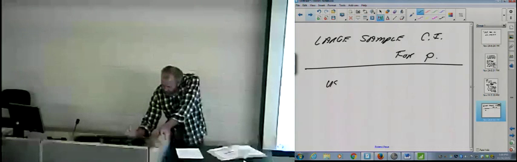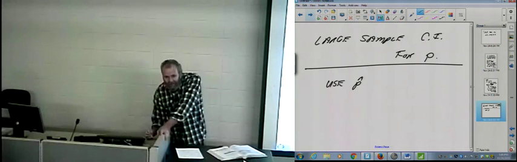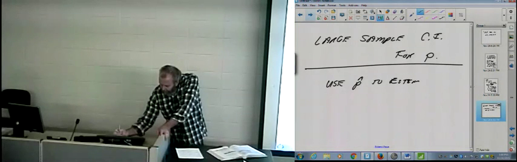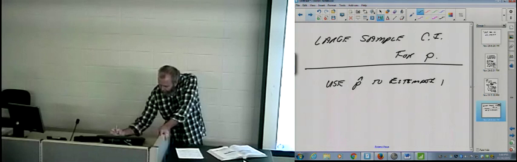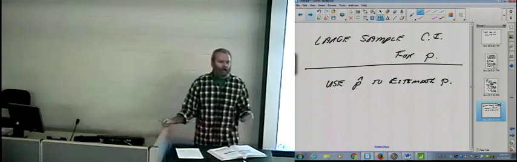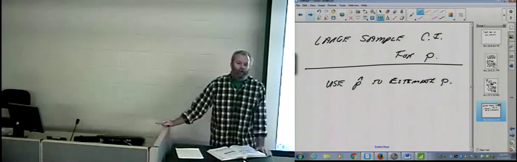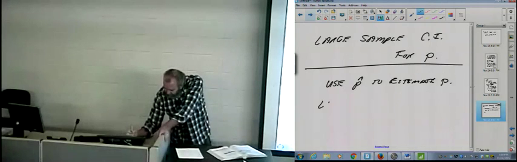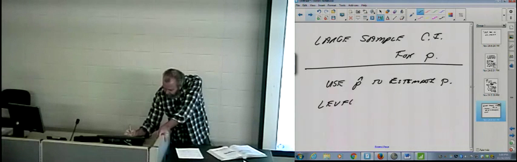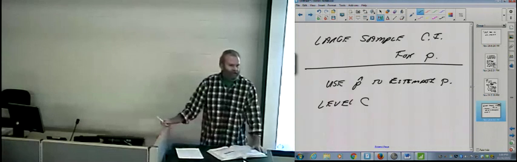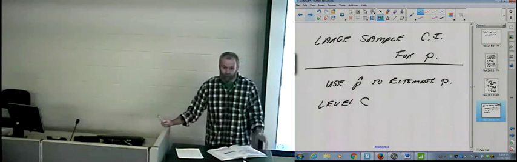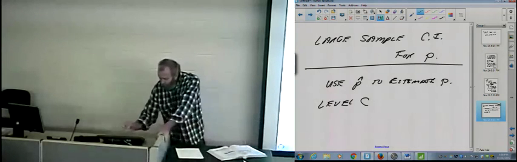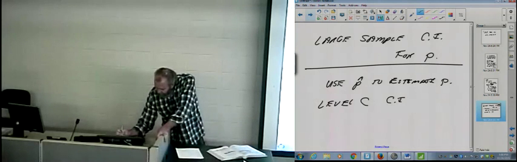I want to use my sample proportion to estimate P. Folks, I'm using my statistic to estimate my parameter here. That's what that says. Okay? I would like to have a level C. Remember, every confidence interval has a confidence level that comes along with it. Remember, there's always a little Z star there, depending on the confidence level.